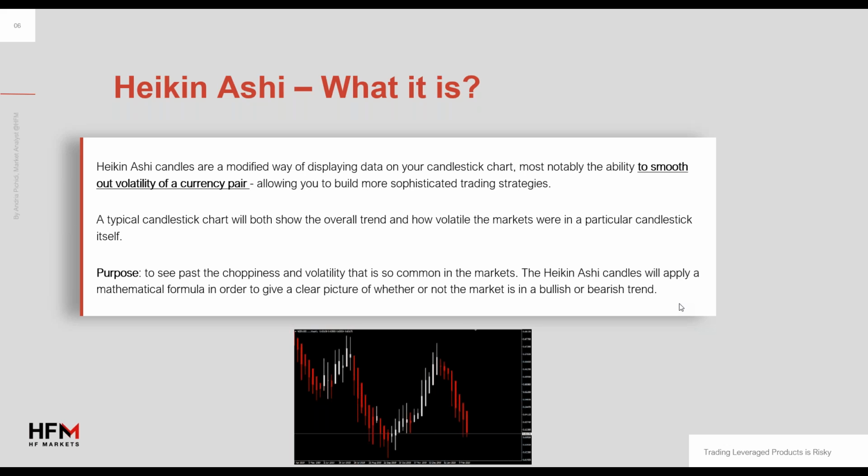Heikin means average, Ashi means bar, so average bar. That's why I said initially that it's a smoother version of the Japanese candlestick. So basically, the ability that the Heikin Ashi candles have is to smooth out the volatility of the asset.